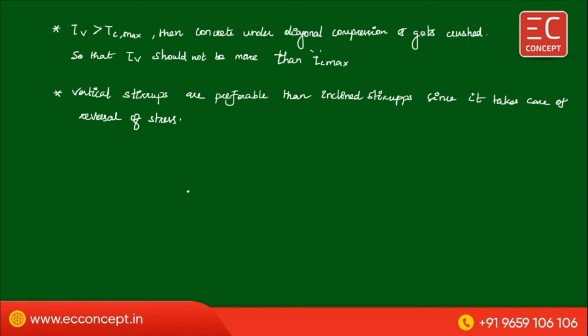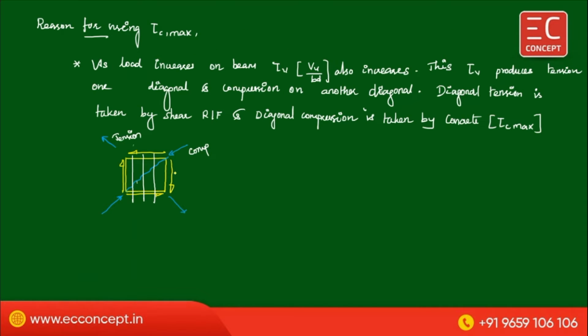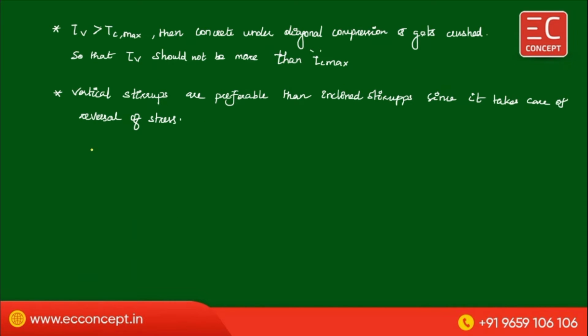Okay, what is the meaning? See, let us take the same case, the pure shear stress, that is the support of the simply supported beam that we have seen in the introduction part. So this is the cube. This is the shear stress.